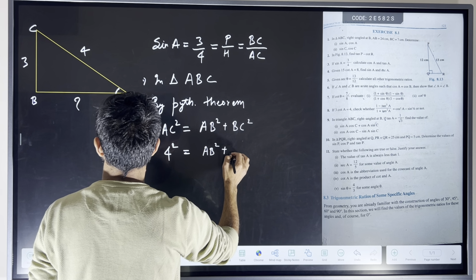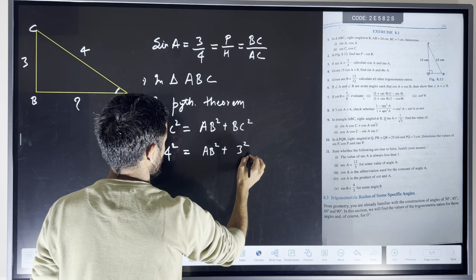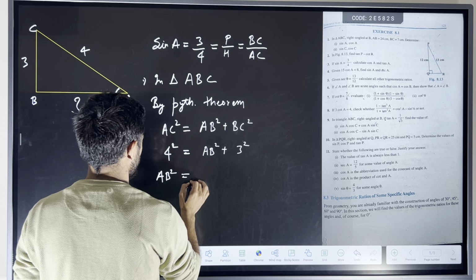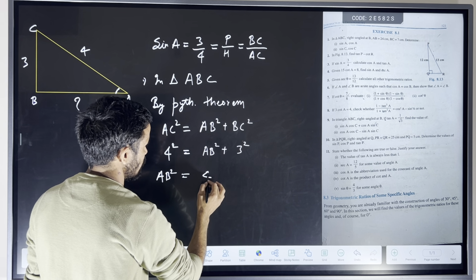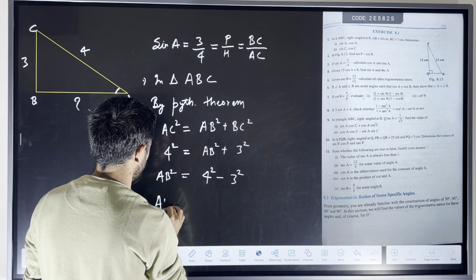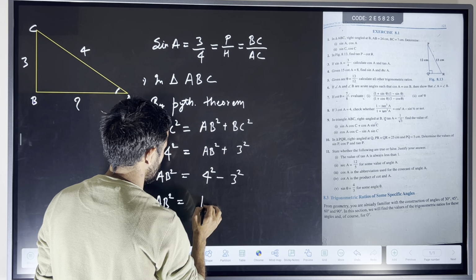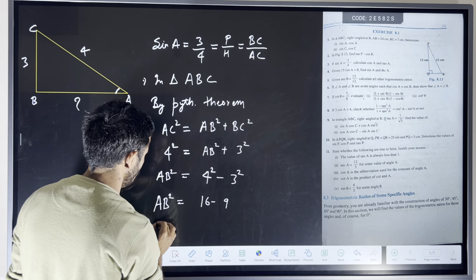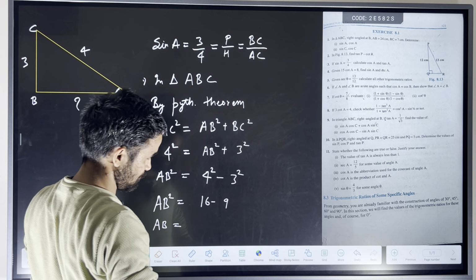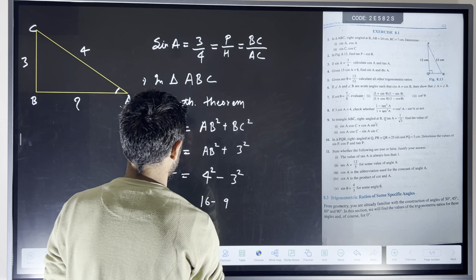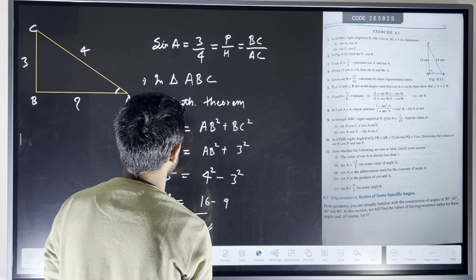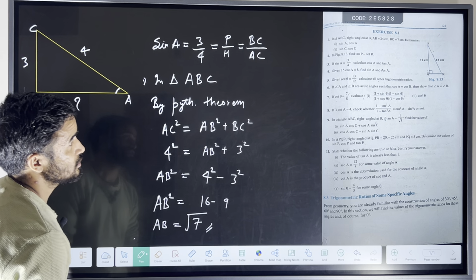AB square is equal to 4 square minus 3 square, that is AB square equal to 16 minus 9. Sorry, 16 minus 9, 7. AB is equal to root 7.